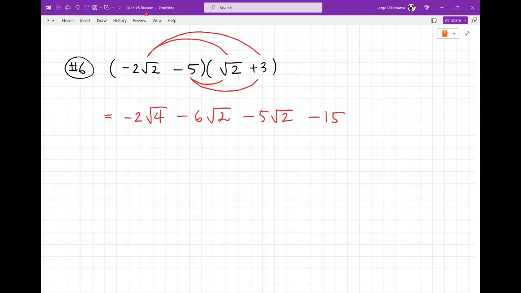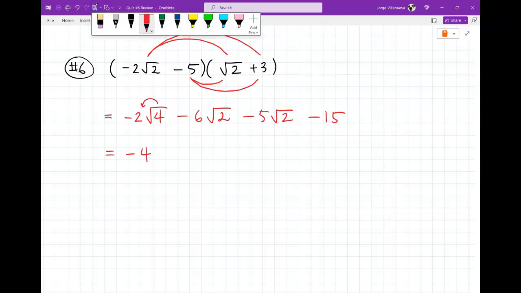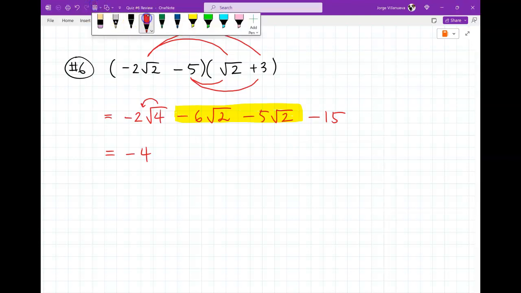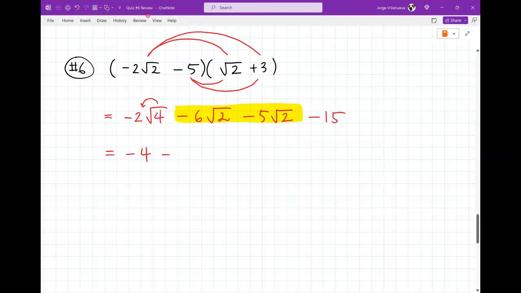All right, so let's simplify. The square root of 4 becomes 2, so that's negative 2 times 2, that's negative 4. Okay, you'll note that this right here is going to be a set of like radicals, right? So negative 6 radical 2 minus 5 radical 2 is what? Negative 11 radical 2. And then minus 15.